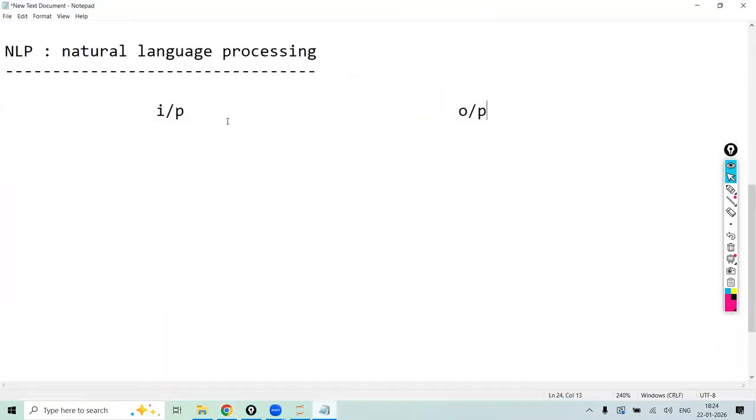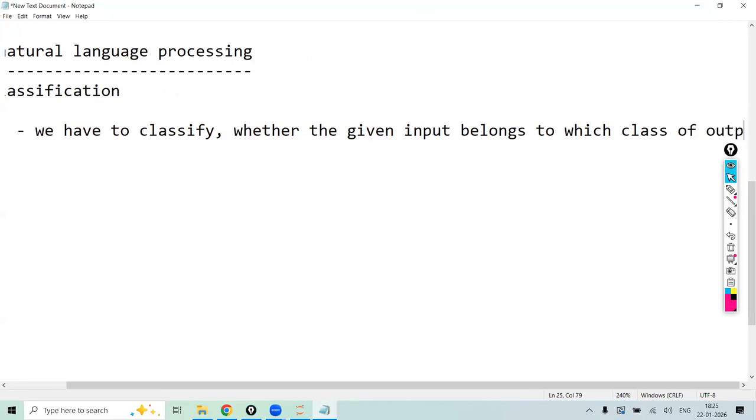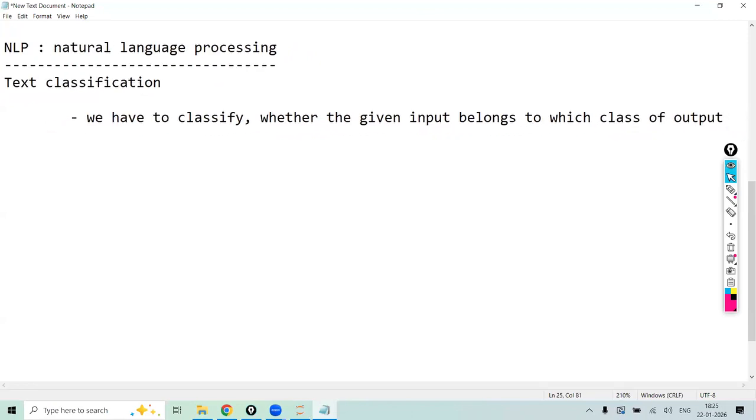It is a text classification project. In the text classification project, we have to classify whether the given input belongs to which class of output.